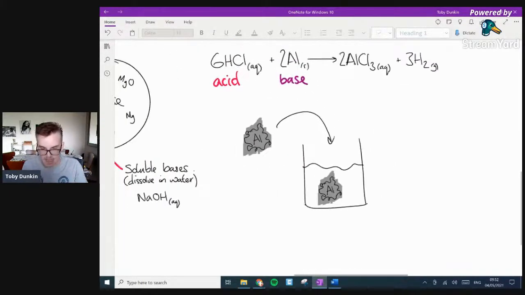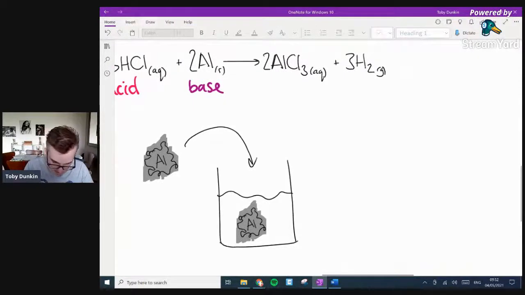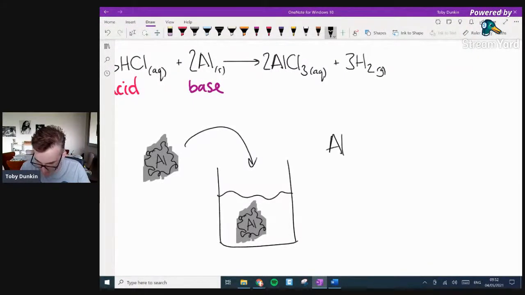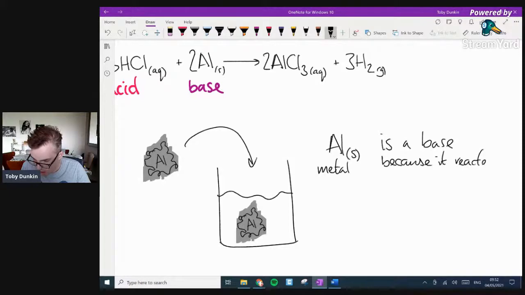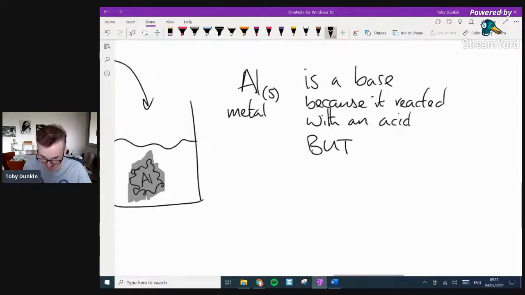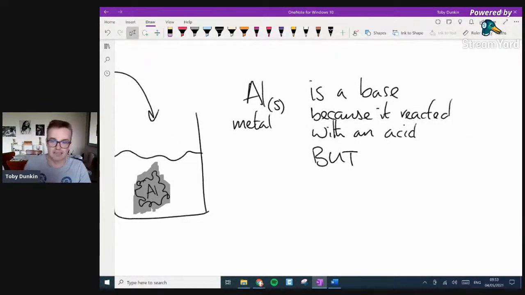What that means is that aluminium, Al, a solid metal, is a base because it reacted with an acid, but that is a big but: not an alkali.